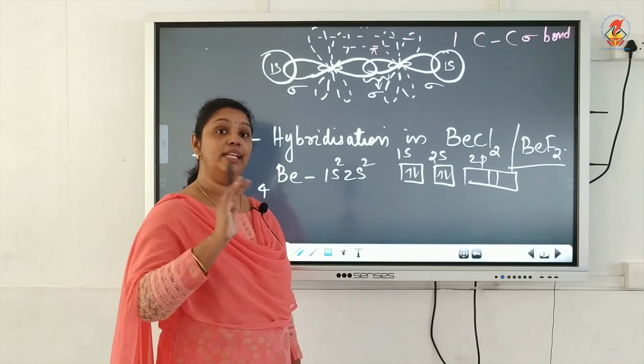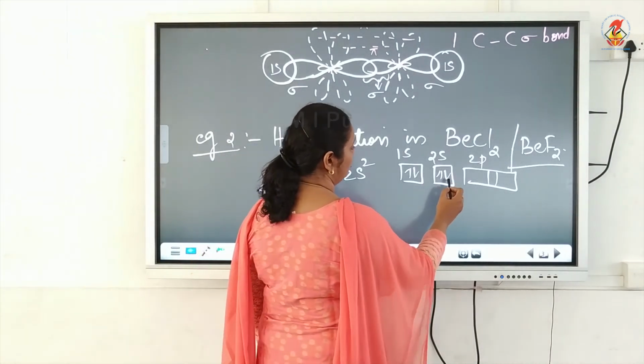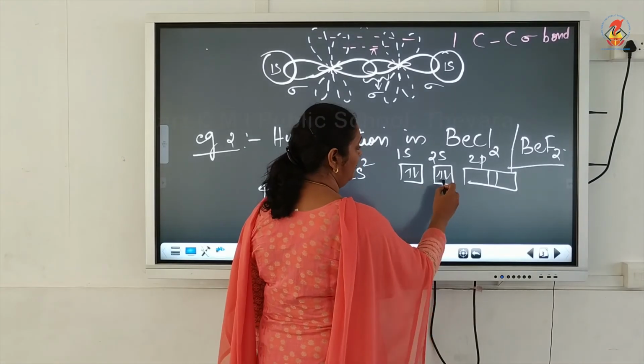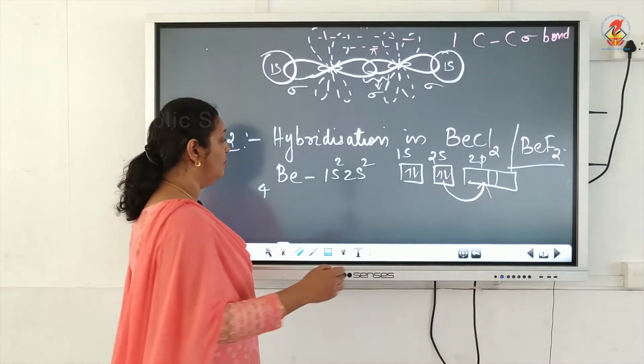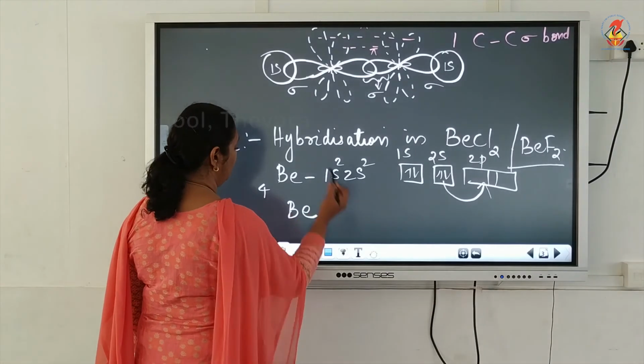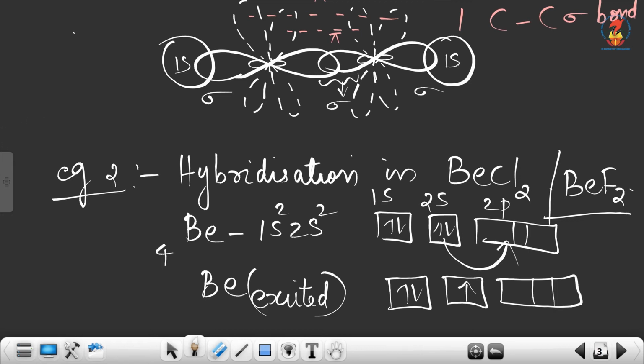The beryllium will get excited, which means one of the electrons present in 2s orbital will get unpaired and it is promoted to vacant 2p orbital. So what will be the configuration of beryllium in excited state? The excited beryllium, how will you show? 1s2, 2s1 and 2p1.